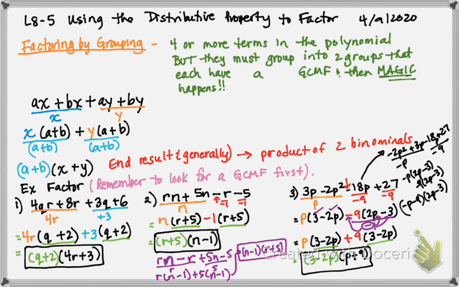Notice what I did here? I pulled the coefficients out first. No problem. Now, does that look exactly like the answer I have? No. So what would I need to do? Oh, if I pulled out a negative 1, that would give me a p plus 9 times a 2p minus 3.